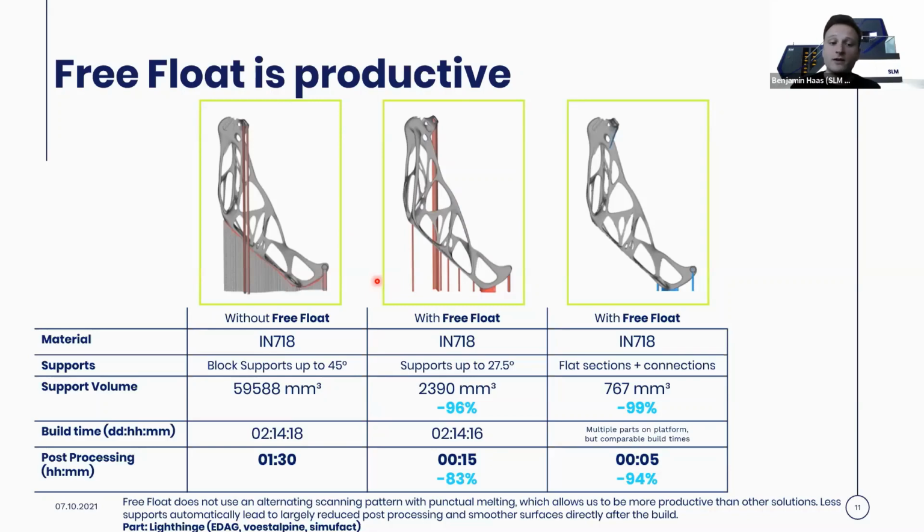You could do that via a solid support, or, as you can see on this slide, since we have a comparable build time but far fewer supports, we can use the overall process time much smarter, and not use the time to scan supports and therefore melt powder that we would have to remove in the end. Instead, we use the time more wisely and allow the process itself to cool down a little bit, decreasing the temperature of the part before we scan the next layer.